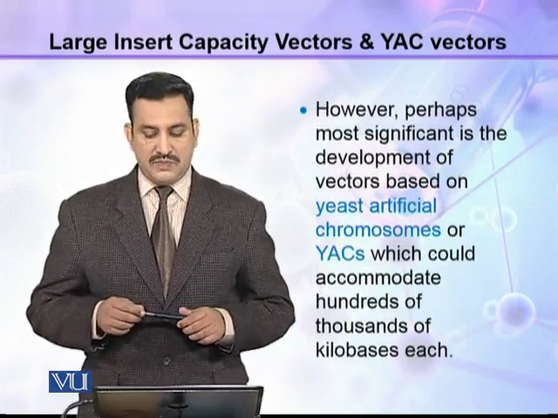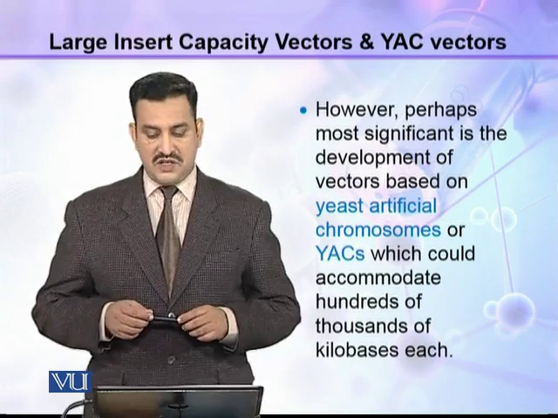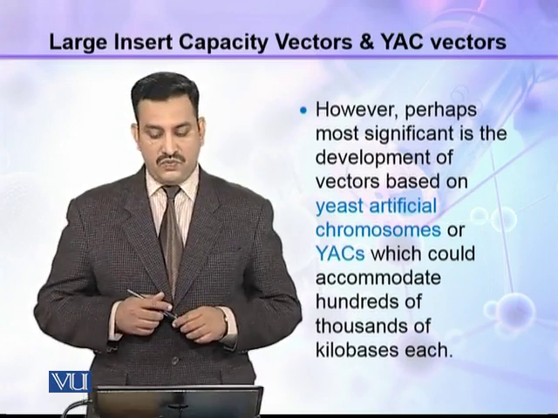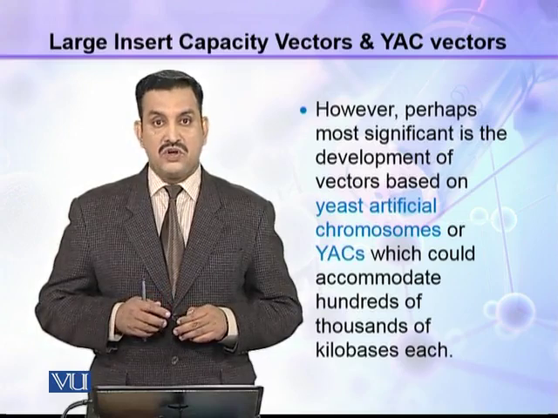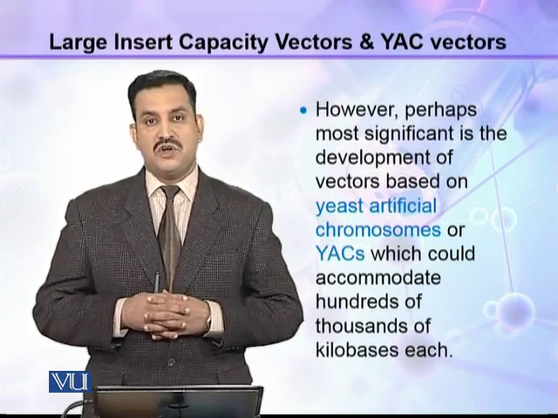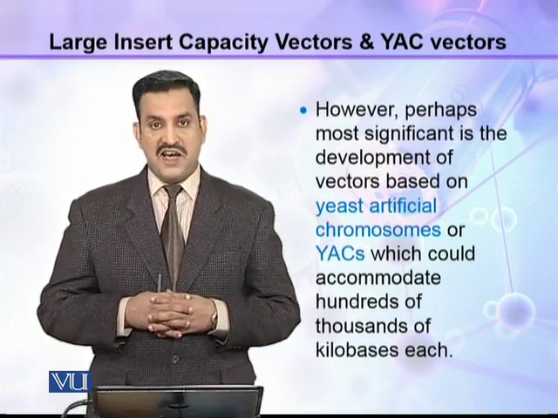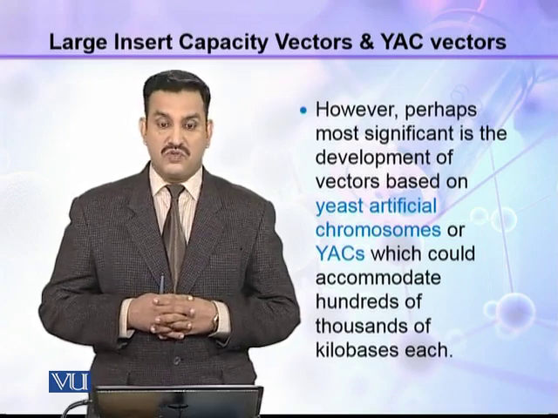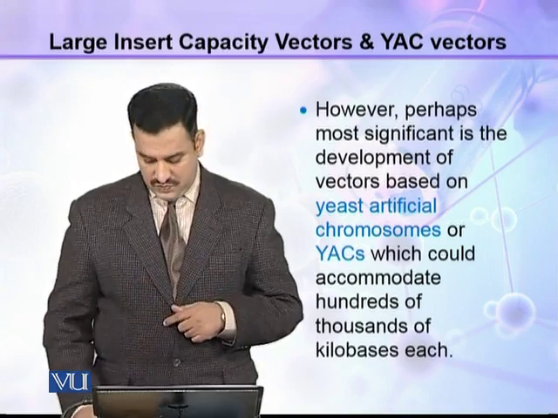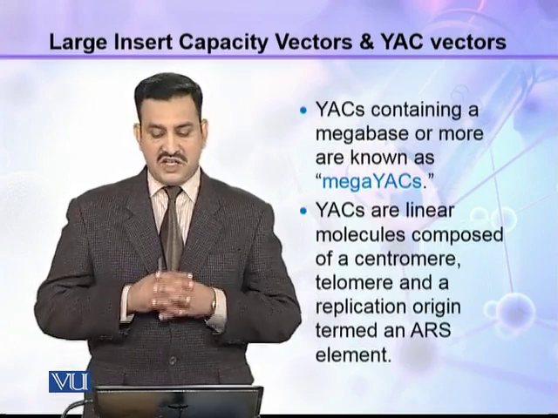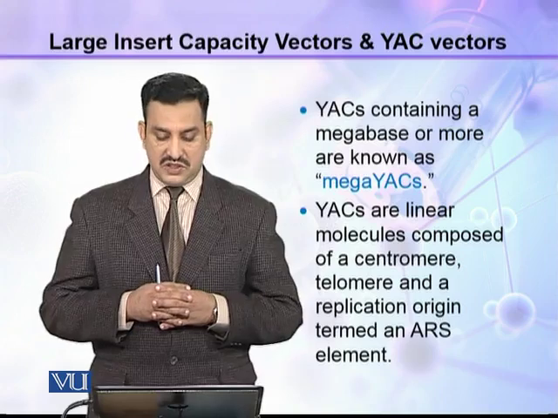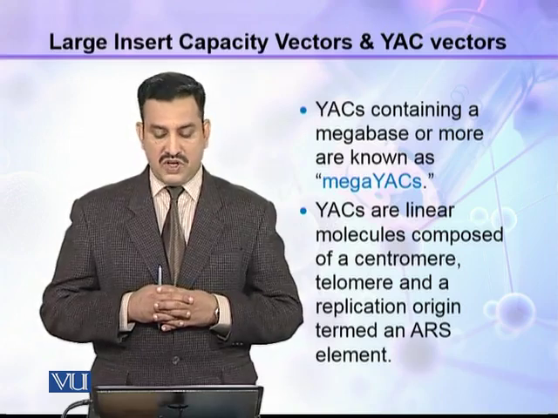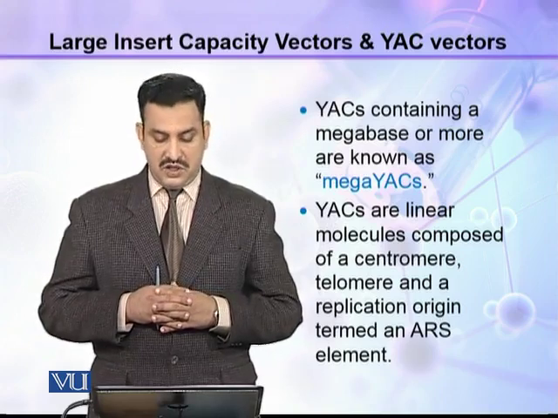However, perhaps most significant is the development of vectors based on yeast artificial chromosomes or YACs, which could accommodate hundreds of thousands of kilobases each. YACs containing a megabase or more are known as mega YACs.